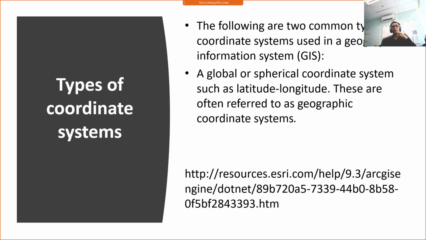So there are two common types of coordinate reference system. First is, like I mentioned before, the global or spherical coordinate system, yang bulat tu. This is what we always call the latitude longitude coordinate reference system, but more commonly known as the geographic coordinate system.